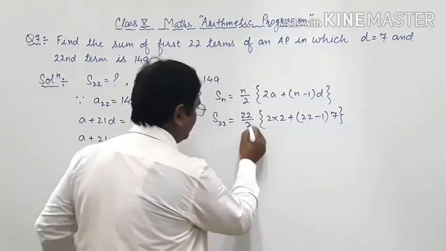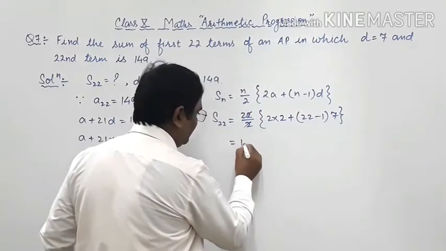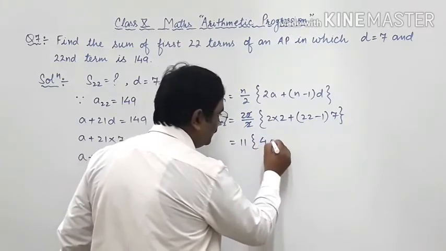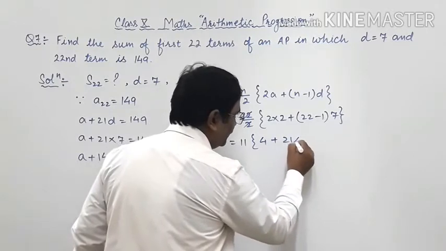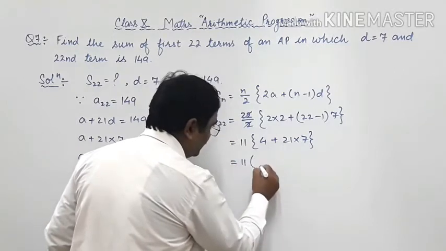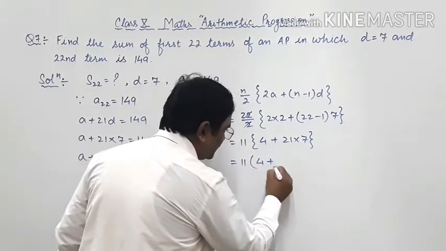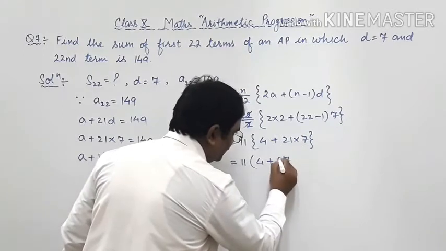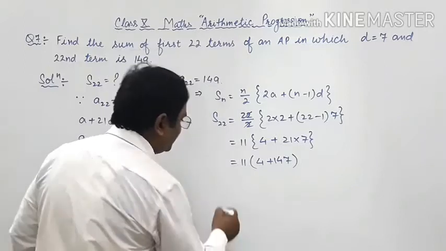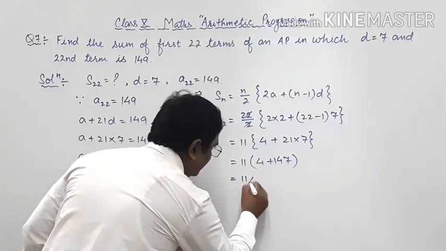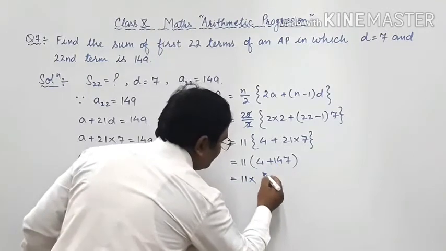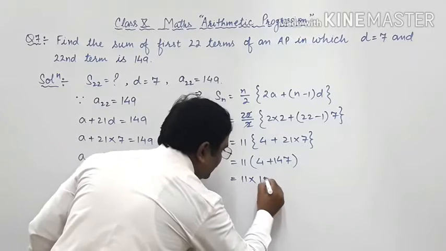So let us solve it. This is 11 multiplied by 2 twos are 4 plus 21 into 7. So 11 into 4 plus 7 ones are 7, 7 twos are 14, right? Simplify it. 11 into 147 plus 4, that is equal to 151.